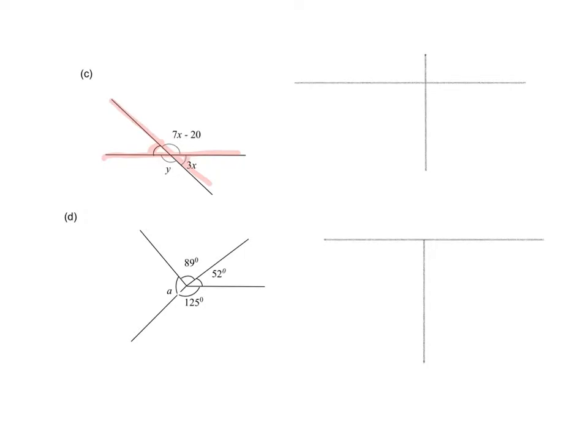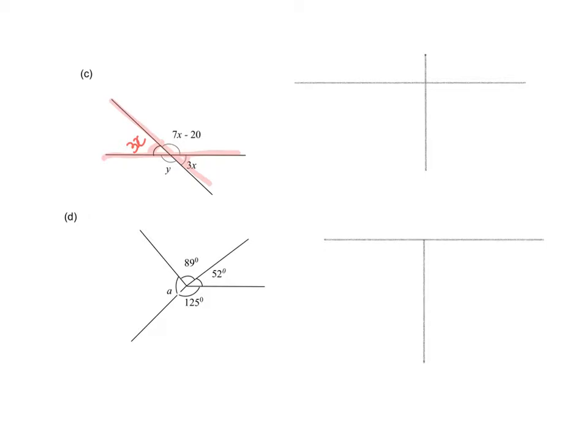So I can see that this angle over here is 3x. That's my very first observation. So I'm going to indicate that, using vertically opposite angles. And not only that, I noticed that I have this 7x minus 20, and this y over here. They also have a relationship. They are also a pair of vertically opposite angles.